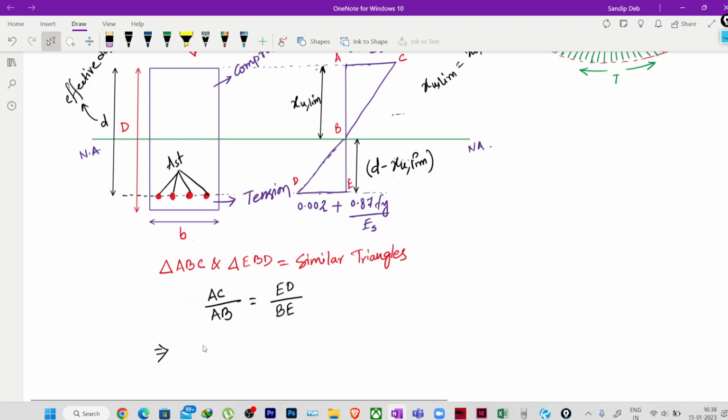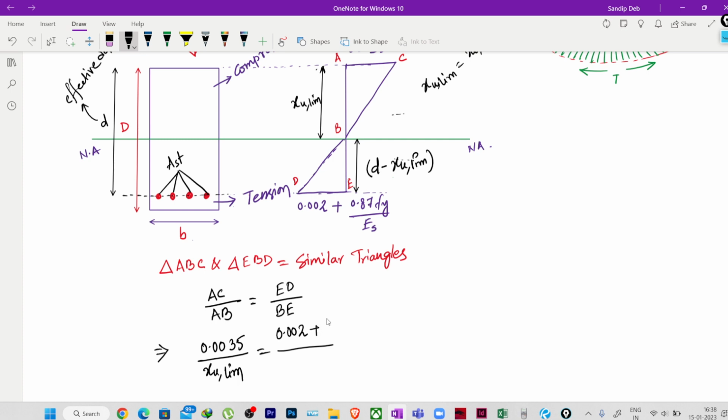AC is nothing but 0.0035 by AB. AB is nothing but XU limit, right, equal to ED, which is nothing but 0.002 plus 0.87 FY by ES, divided by BE.